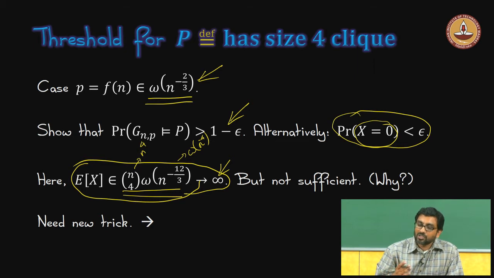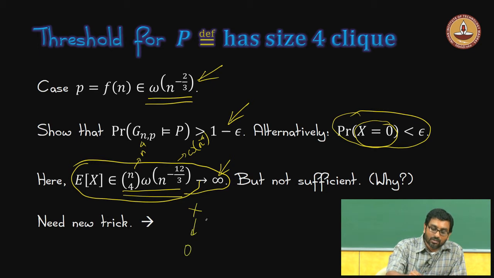You could have situations where the expectation is very large, because let us say for example a situation where x takes the value either 0 or a very large value.